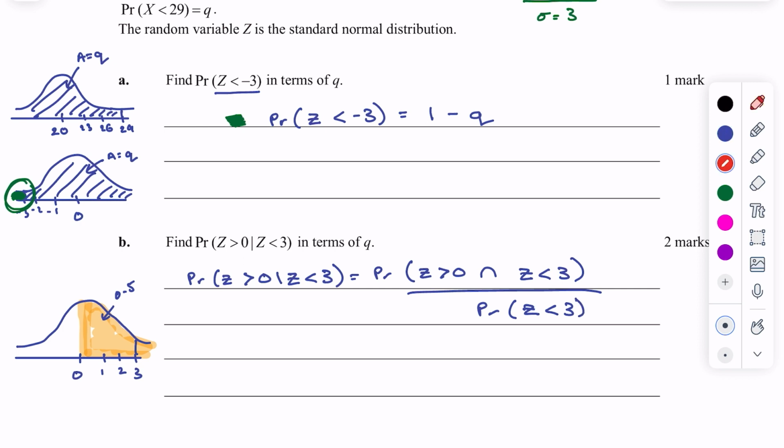And if I focus on that area, z less than 3, that area there should be equal to q.